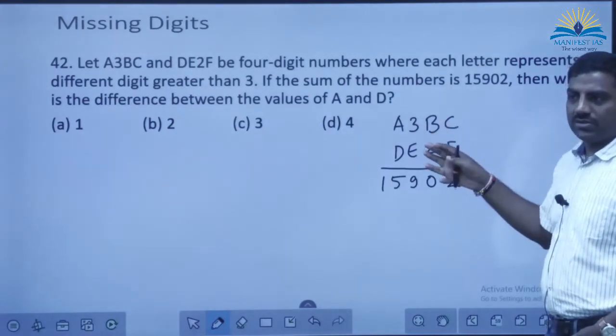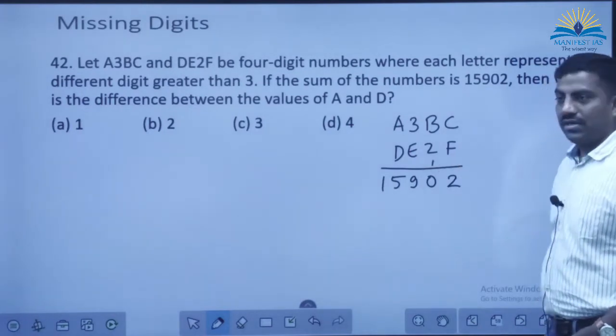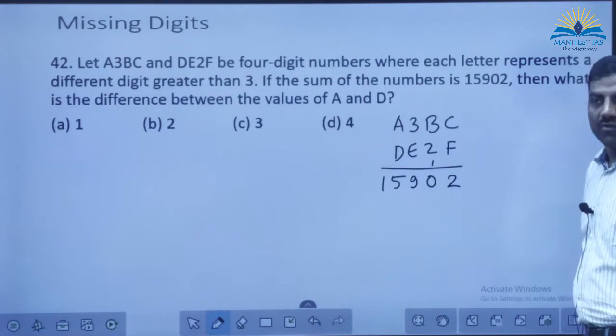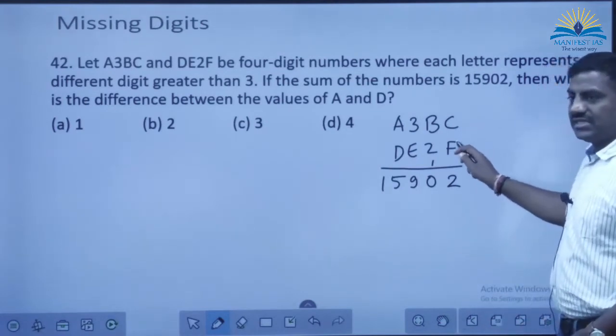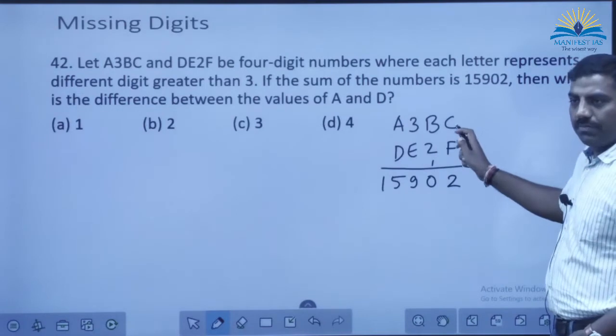But we don't have that option. So when we have 2 here, we have to carry 1 because we are going for 12 now. 2 is not satisfying, so we have to go for 12. Correct? Don't worry about these numbers now, because here we can ascertain the value of B.